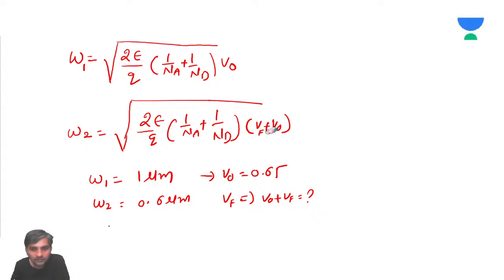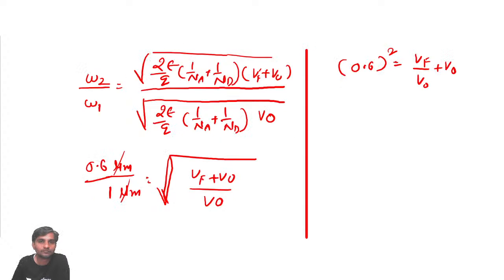Just a second. It's going to be V naught minus VF. You guys are not saying anything. This is minus, that is the reason why I'm getting something wrong here. Okay, no problem. Sometimes it happens.